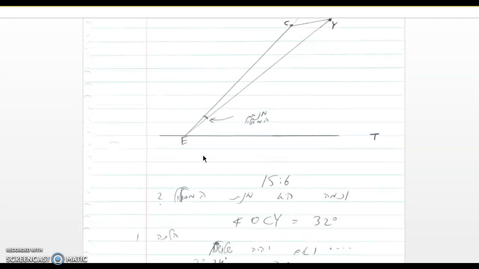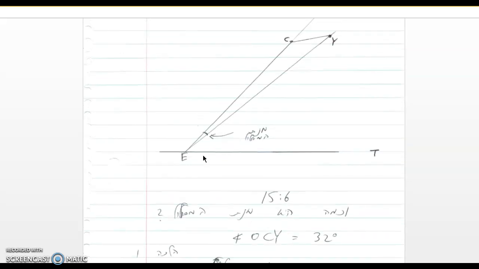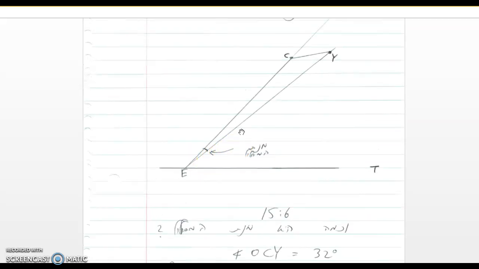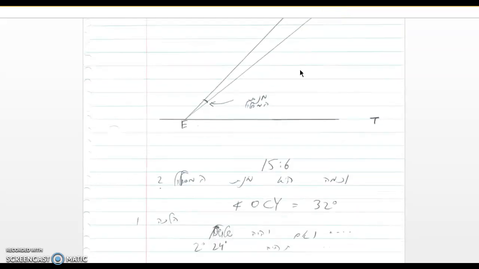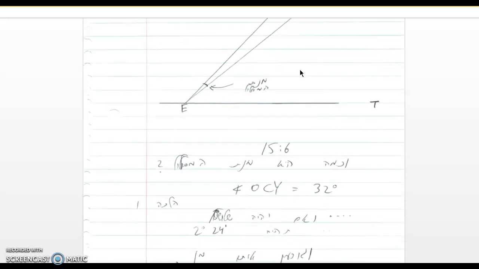Oh, I wrote here, OCY is 32. So this angle is 32. That's called the Maslo HaNochen. Maslo HaNochen is 32. The Rambam says, Yev Shloishim Tia 224.